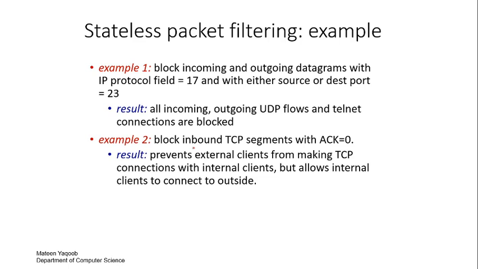Let's see through an example. In example 1, suppose you have implemented a strategy that the router will block incoming and outgoing datagrams with the protocol field 17, with either source or destination port number 23. The result will be that all incoming and outgoing UDP flows, because UDP flows are identified using the protocol field 17, and the telnet connections, usually implemented at port number 23, are blocked.